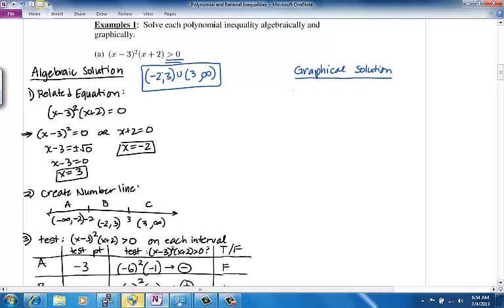So here I want to graph f of x equals x minus 3 squared times x plus 2. Find the x-intercepts. And then determine where the graph is above the x-axis, because we want it greater than or equal to 0.